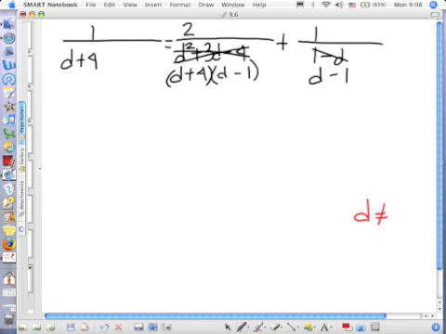What can d not equal? Positive 1 or negative 4. We need to identify our common denominator, which is what? D plus 4, d minus 1.